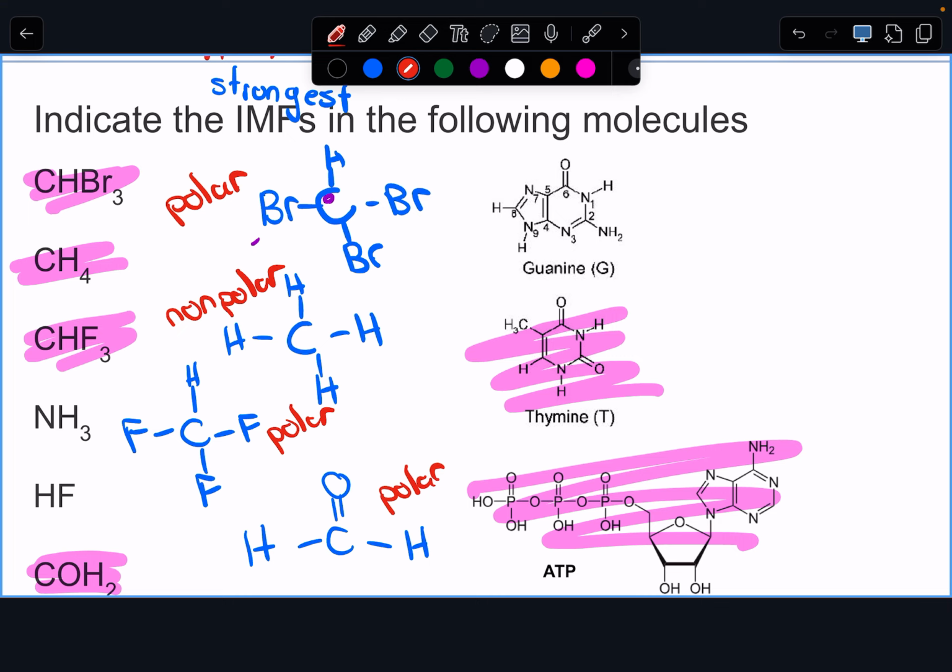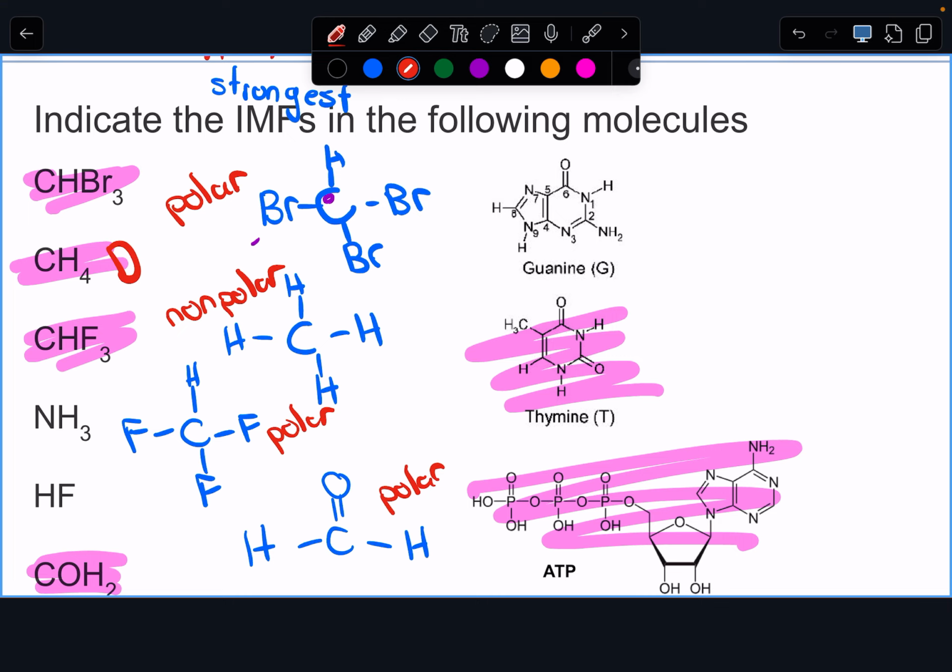All right, so first question: polar or non-polar? The only non-polar one we have is CH4. So this is the only one that has just dispersion forces, or induced dipole, however you want to think of it. For the other polar ones, now we need to ask ourselves, are there any of those special HF, NH, or OH bonds?